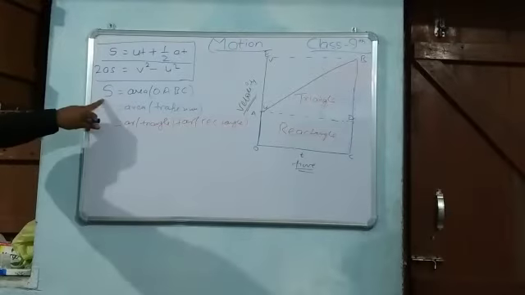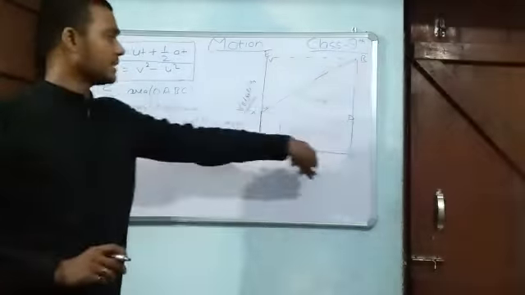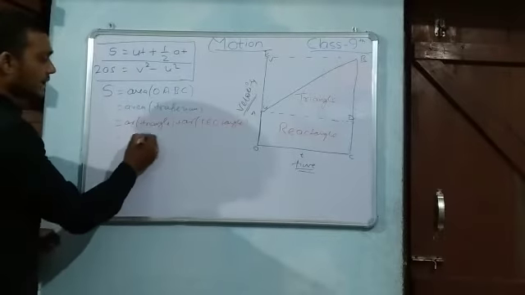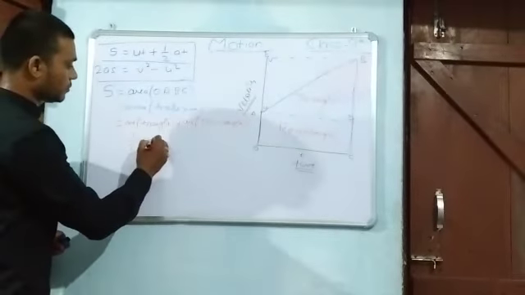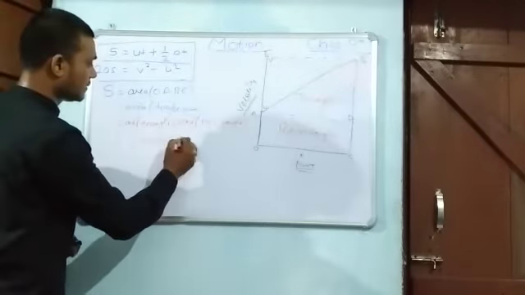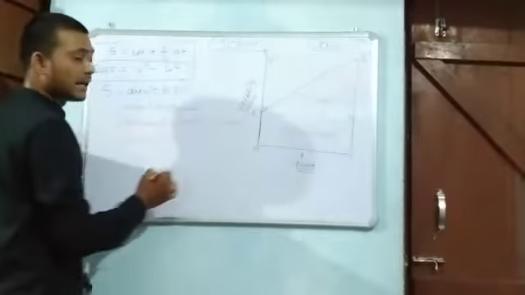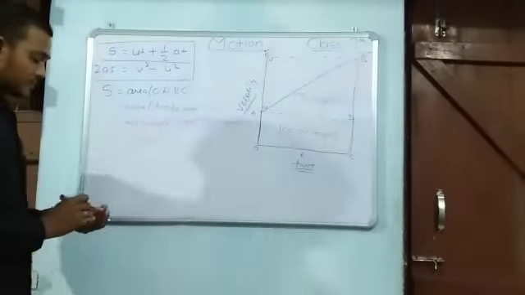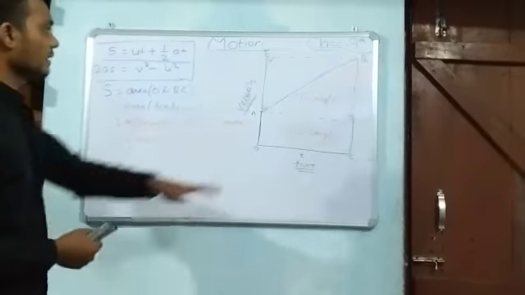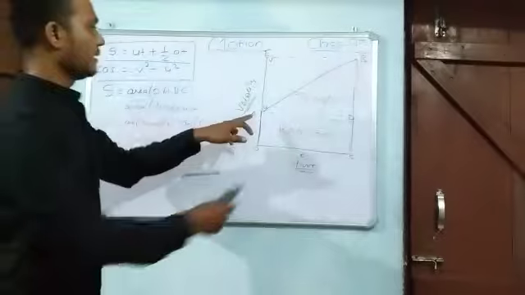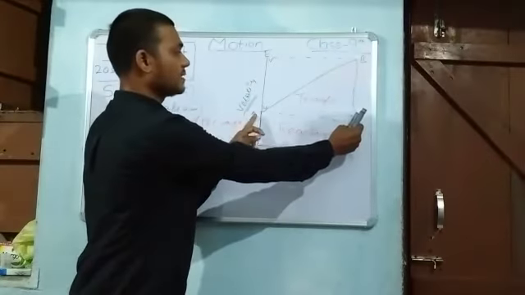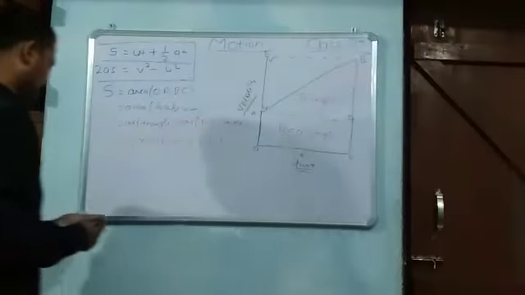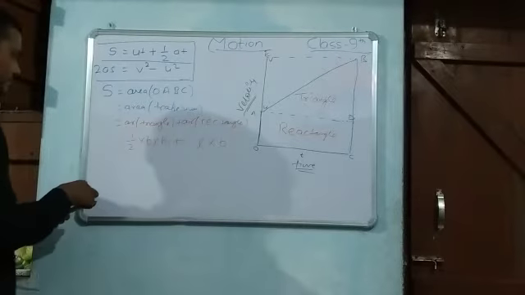S equals, S is the distance covered by an object. We know that the area of a triangle is half into base into height, plus the area of a rectangle is equal to length into breadth. See carefully, in this triangle, AD is the base and BD is the height of the triangle.